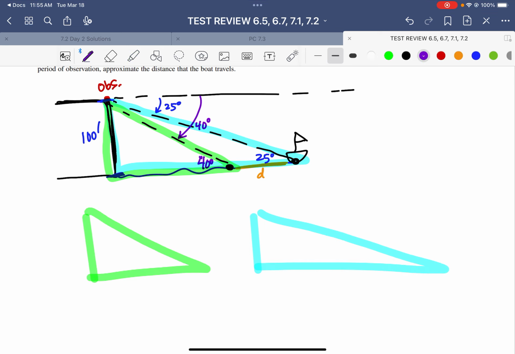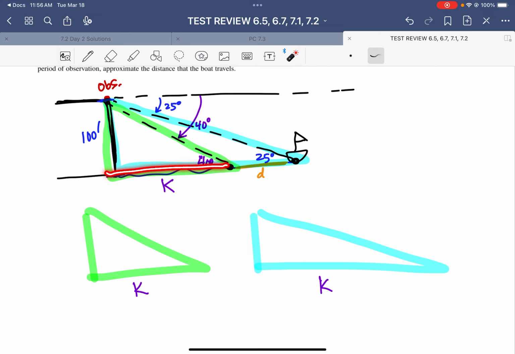For the green one, let's call this distance right here K. So that means the whole bottom of the blue would be K plus D. So the bottom is K plus D is how long the entire bottom is, right? So it's K plus this D over here.